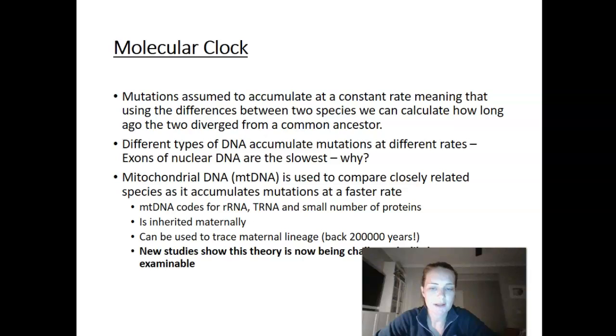The theory that is covered by this course and in your textbook is that mitochondrial DNA is inherited maternally, so it's passed on from mother to child, and we should be able to track maternal lineage back for all the generations. But recent studies challenge that idea.